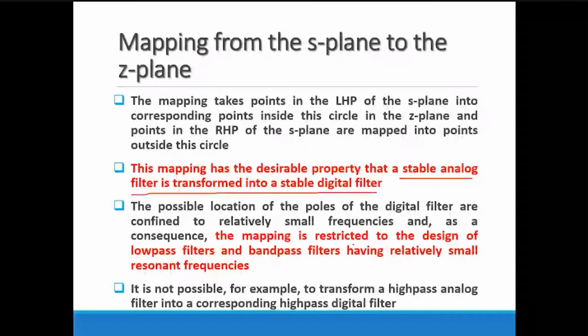The reason is that the poles we get are confined to relatively small frequencies, so that design is not possible. This method of transforming an analog filter to a digital filter is only useful for low pass filters and band pass filters.